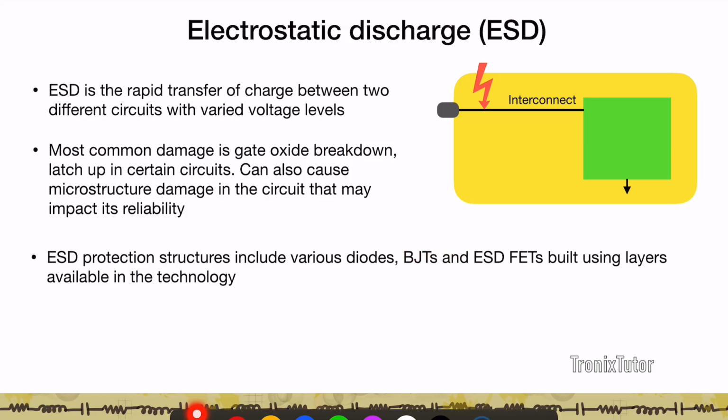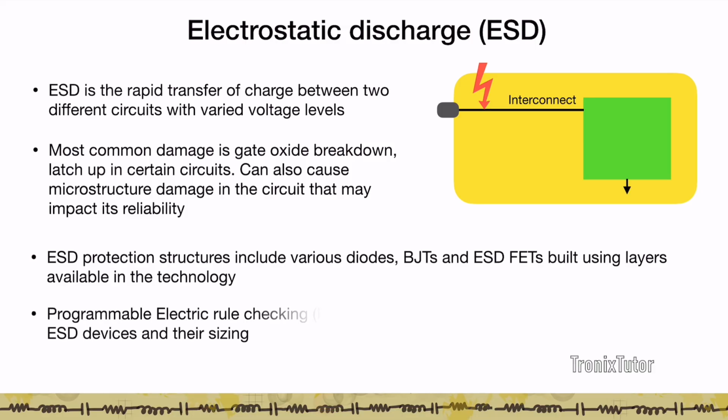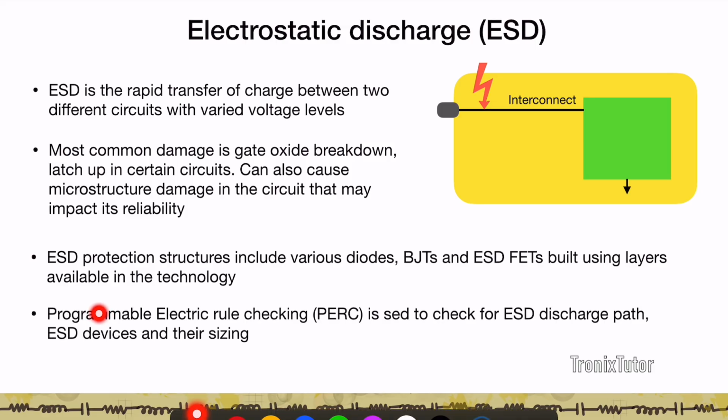And you also have BJTs and FETs, etc., used for the same purpose. And again, these are very technology specific structures, and so they would be available as a part of the PDK. And this is known as a programmable electrode checking, and that is used to basically look at the discharge path in ESD and then used for sizing up the devices in the ESD path.